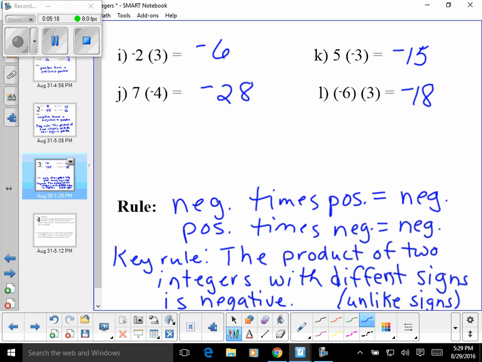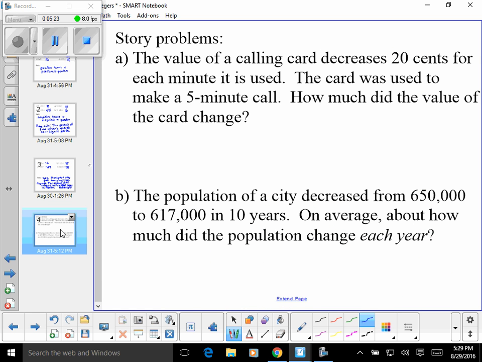With multiplying, we will be working with story problems. The value of a calling card decreases 20 cents for each minute it is used. This idea of decreasing by 20 cents means that we have a negative concept. The card was used to make a 5-minute call. 5 minutes is actually a positive period of time. So how much did the value of the card change?